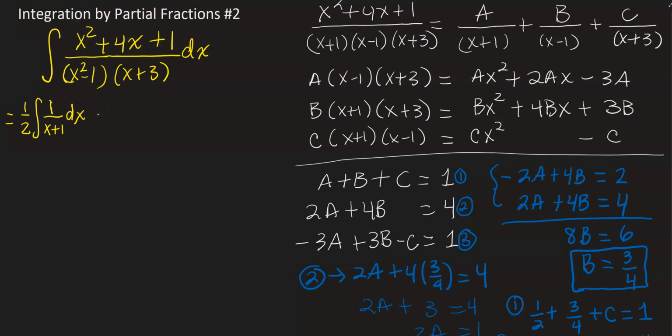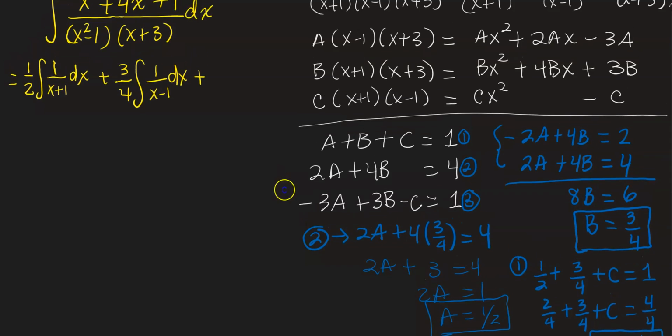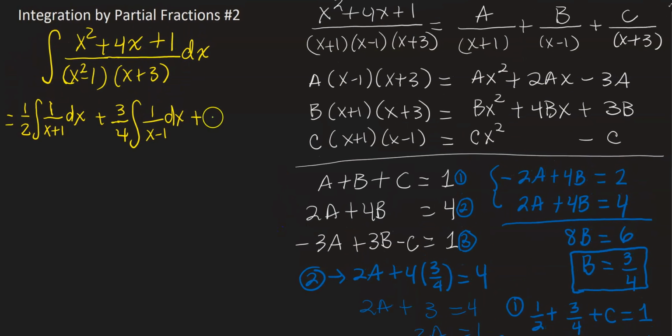And then B is 3/4. So I'm just going to write the constant in the front. 3/4 times the integral of 1 over x minus 1 dx, plus C is negative 1/4. So I'm just going to write minus instead of writing plus a negative. I'm going to write minus 1/4 integral of 1 over x plus 3 dx.